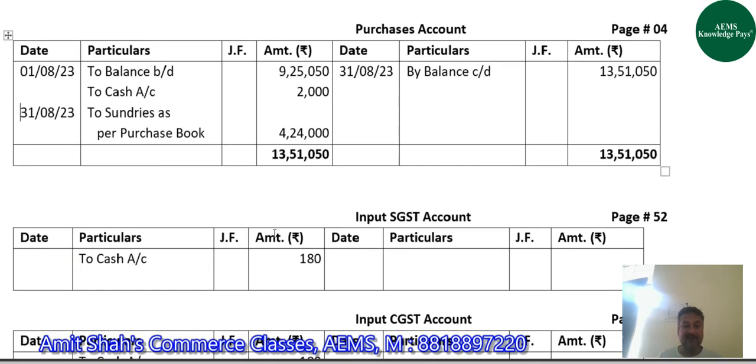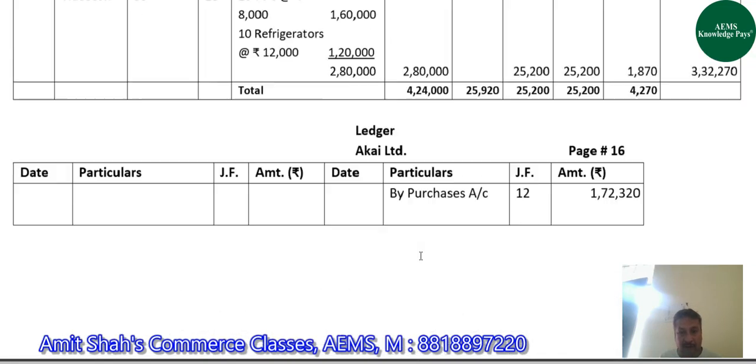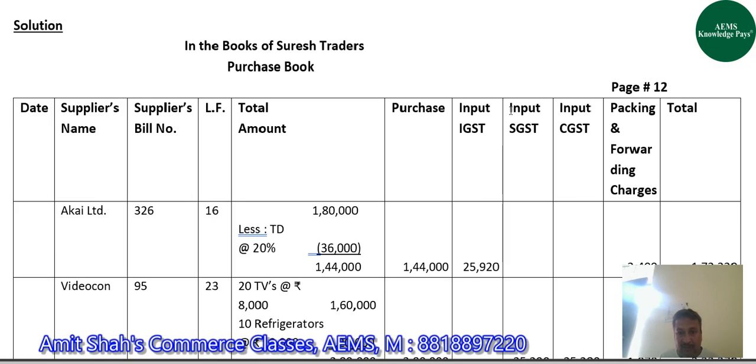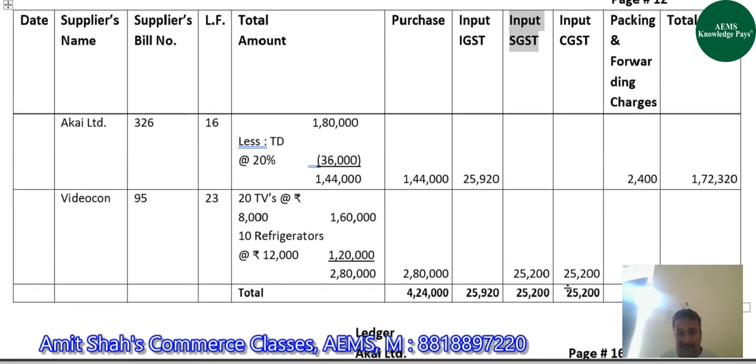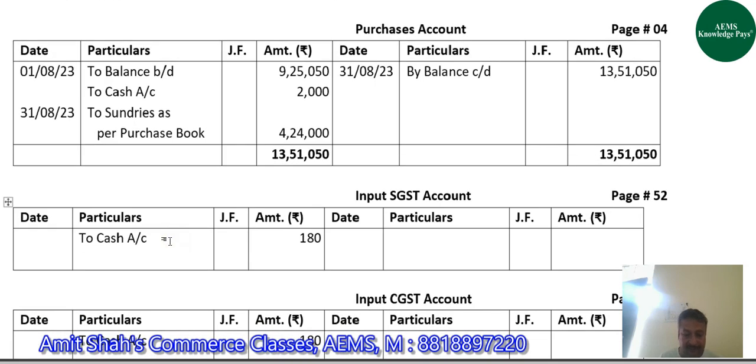Good. The same way he will transfer total of input SGST from purchase book to input SGST account. So input SGST total is 25,200. So that also will go to input SGST account here.